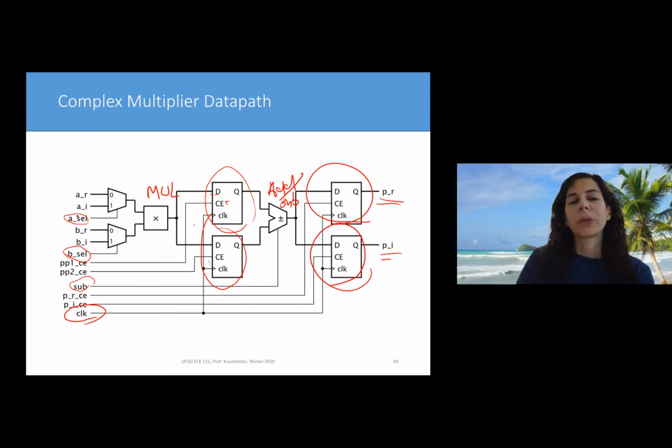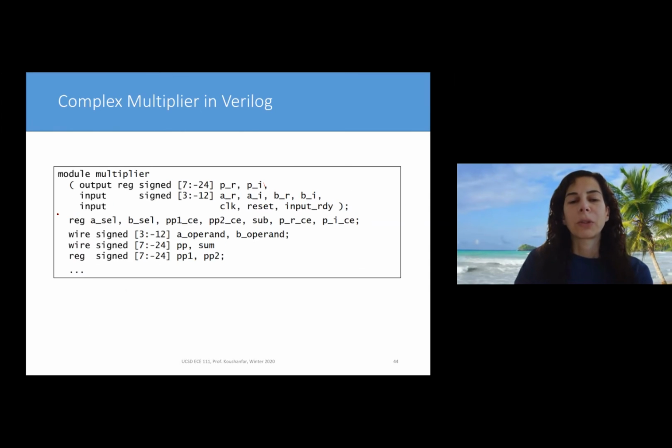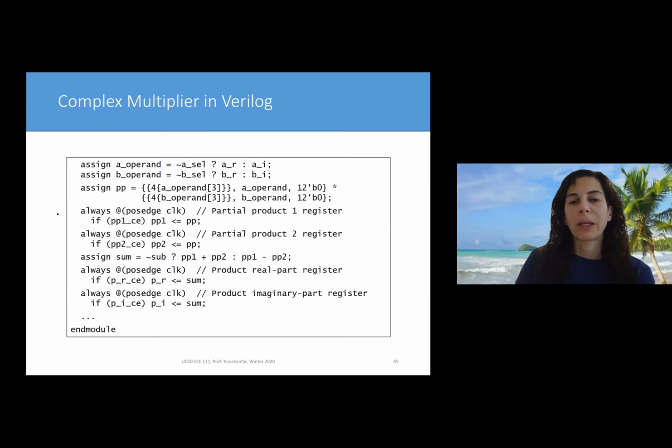So we say, if you're in the beginning and you have the A real, B real, and this B select and A select are 0, then we are going to do this operation. And then we are going to put this result in the PP1, so the temporary register 1.